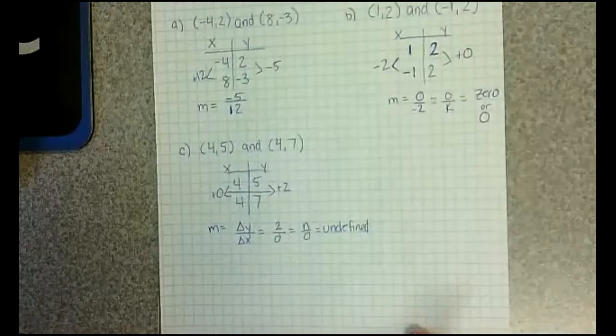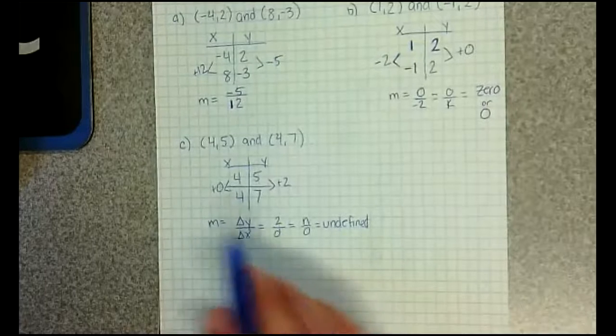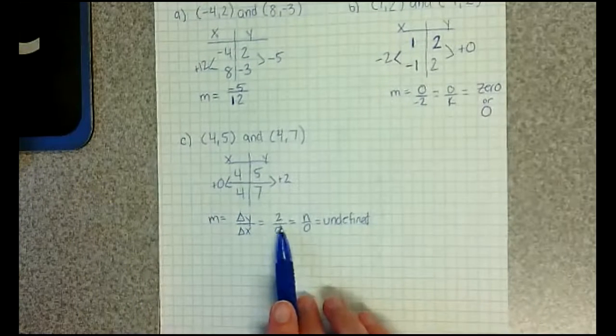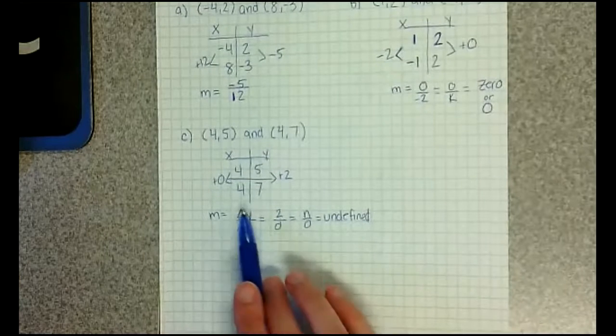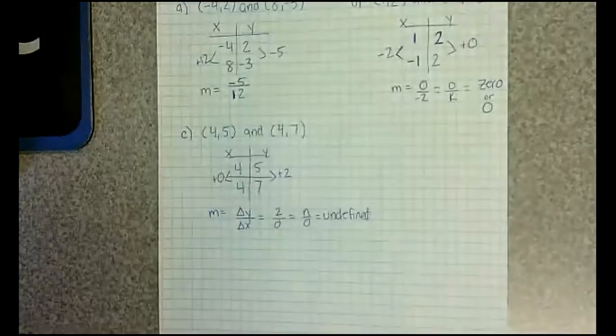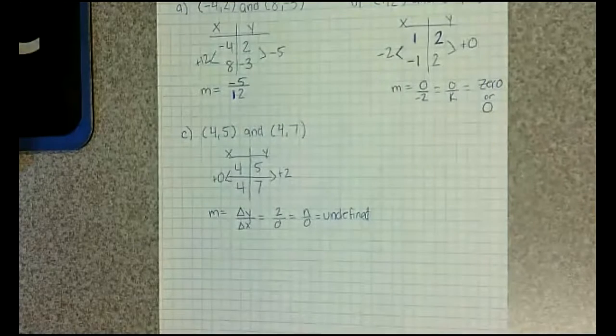Wait, Kyrie, how come the order switched? I was going to say, we've got to be putting y on top. So 2 should be on top of this, because we're always going to do y over x. Cool. Good questions though, Kyrie.